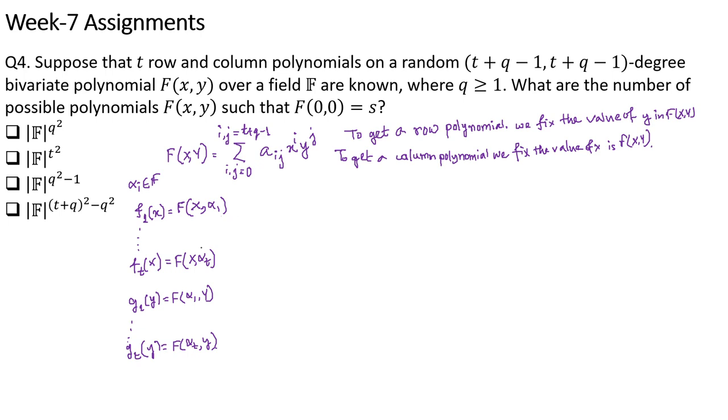What we want to ensure is how many polynomials are possible where we already know the evaluation of the polynomial at point 0, 0, and what else can we retrieve from the information provided through t row polynomials and t column polynomials. Basically, to get the interpolation of a bivariate polynomial that has degree t plus q minus 1 for both the variables, we need to know a total of t plus q into t plus q number of points.